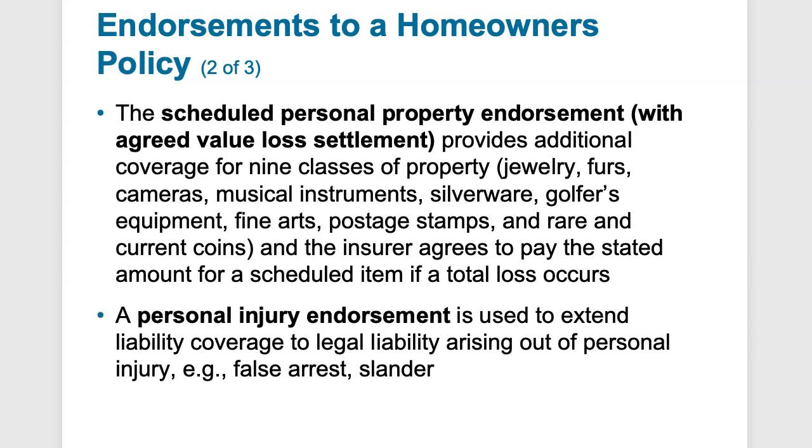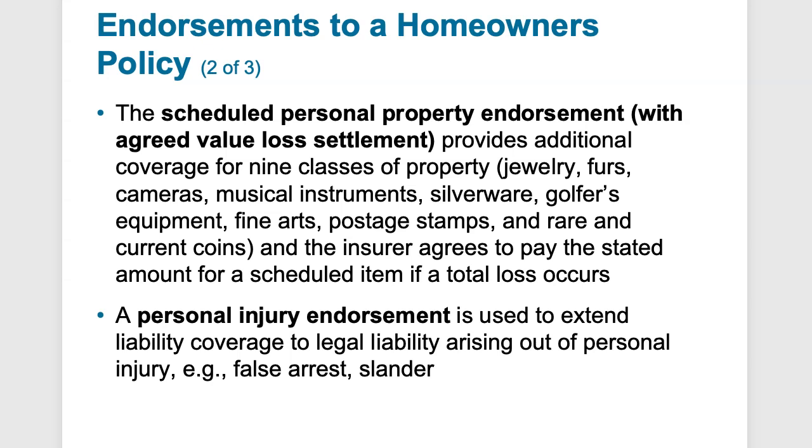So if we look at a scheduled personal property endorsement with agreed value loss settlement. The homeowner policy has limits to the amount paid for certain personal property losses, such as theft of jewelry and firearms. So the insured might have a significant amount of firearms or jewelry, and you may want broader coverage than what the basic household policy is going to provide.